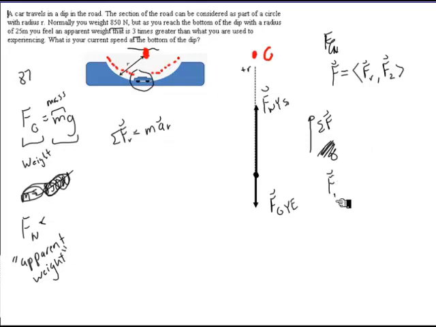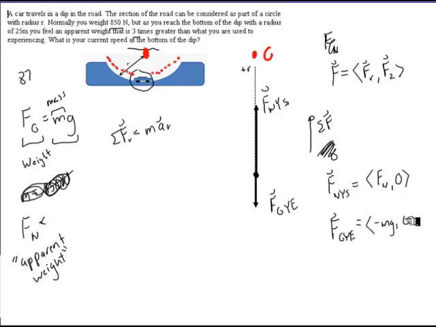Sorry. So Fn, I'm going to write it as positive Fn. Yeah, I know it's in the first slot, but I'm making a new axis called the R axis, and this is the R direction. And this is Fg, and this is going to be negative mg.